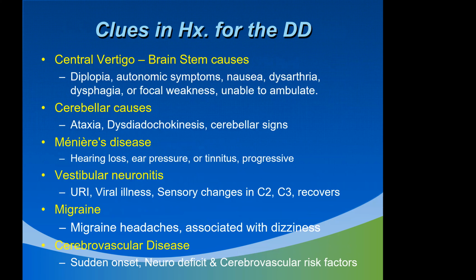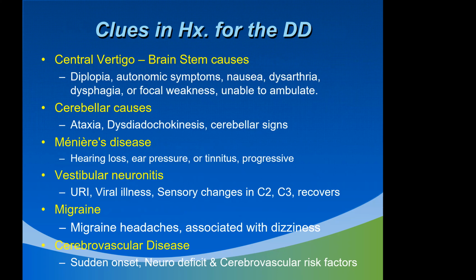Some more on central vertigo, brainstem disease: diplopia may be there. If the patient complains of diplopia and vertigo, you are at the brainstem. Autonomic symptoms, nausea, dysarthria, dysphagia, facial weakness, unable to ambulate. That means there is involvement of the brainstem nuclei, cranial nerve nuclei.